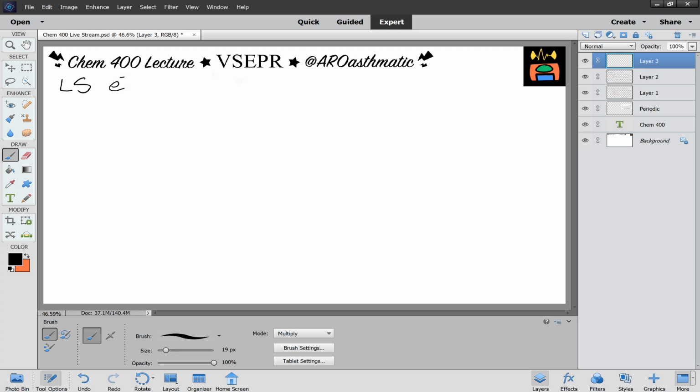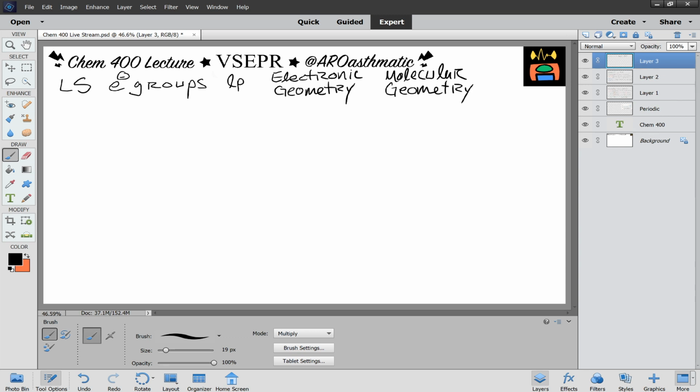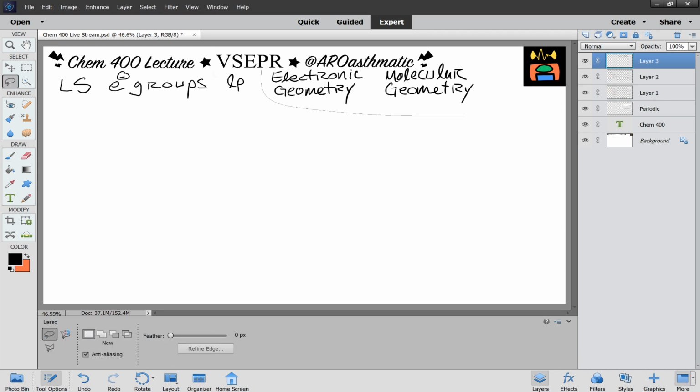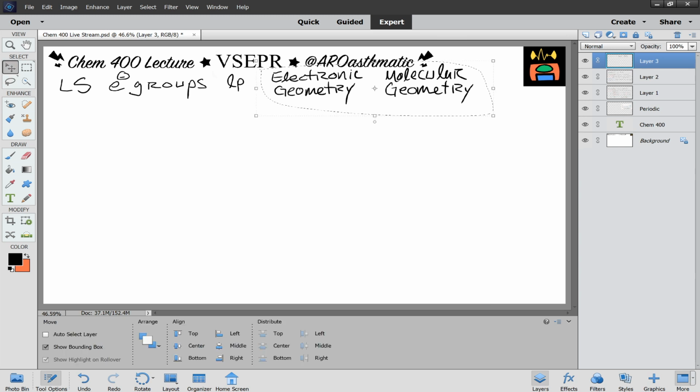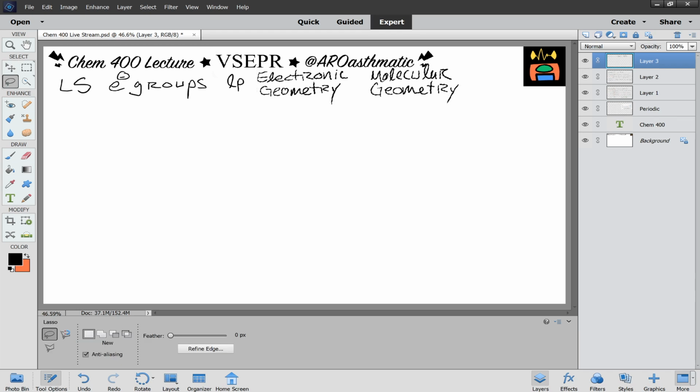We have pinning down electron groups, identifying our lone pairs, looking at our electronic geometry, our molecular geometry, and then using all of this to do two things, and that is to draw a three-dimensional representation of our molecule and to determine the bond angle.